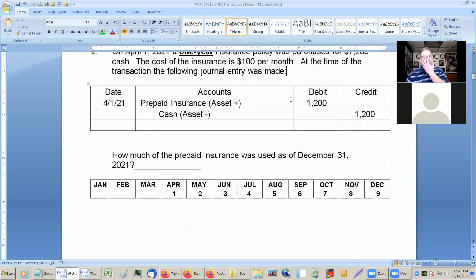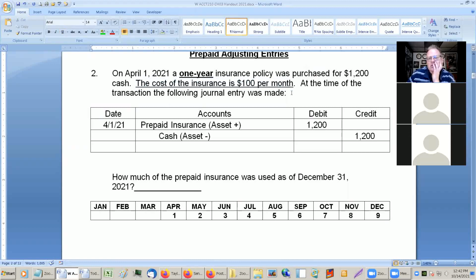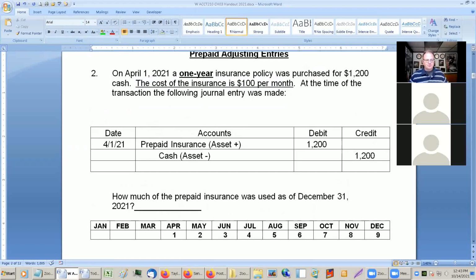So first of all, how did this amount come about? The $100 per month. It came from the 12 months. Exactly.